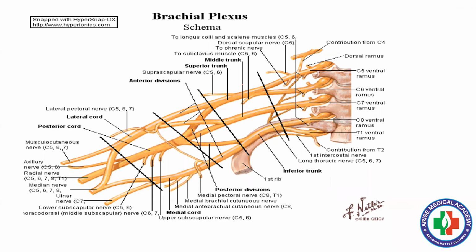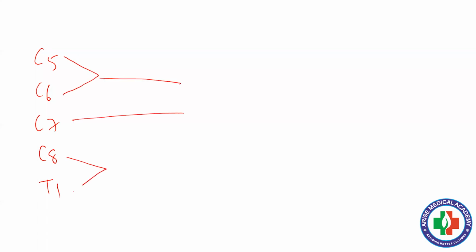Let us try to understand the diagram a bit more. Let me simplify it. C5, C6, C7, C8, T1. So we know that this is how the trunks are formed. From the upper trunk of the brachial plexus, we get two branches. We do not get branches from the middle trunk or the lower trunk.